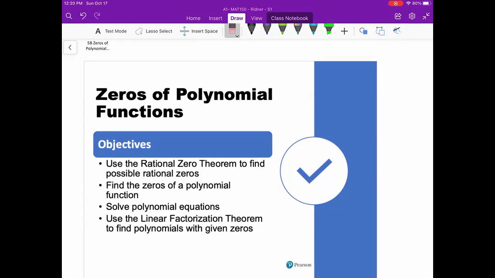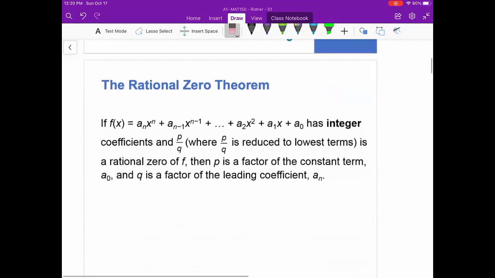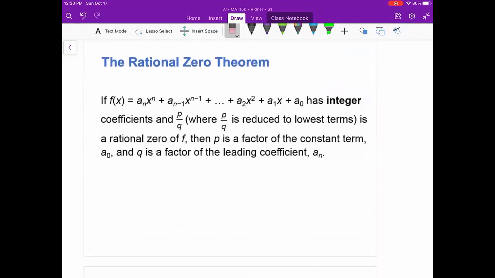So we're going to talk about how to solve that without the calculator. Obviously, I can find all of the real rational solutions by just looking at a graph and stating the x-intercepts. That does not help us with the irrational ones, and it does not help us if for some reason we did not have a calculator.